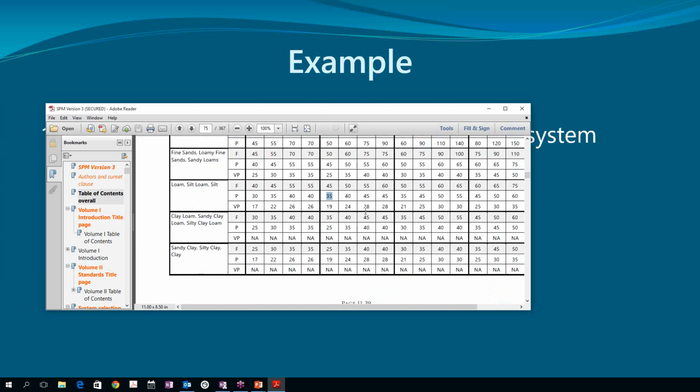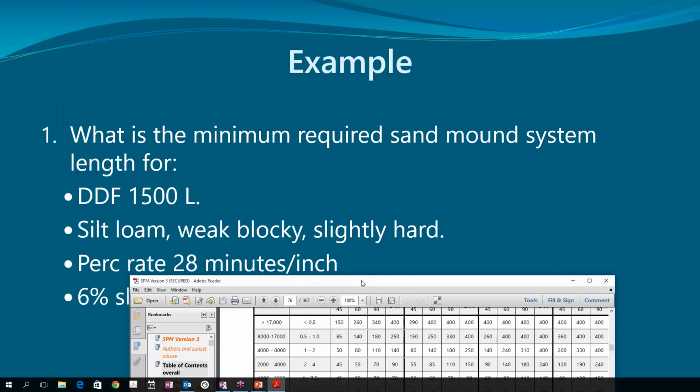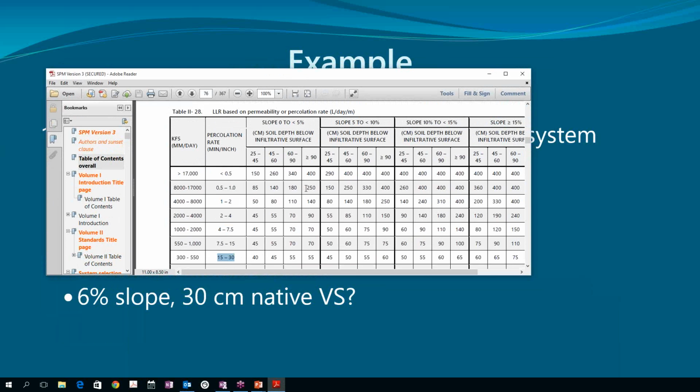Check it against the permeability table, and the permeability was 28 minutes per inch. 28 minutes per inch falls in there, and the slope was 6%, so it was over here.